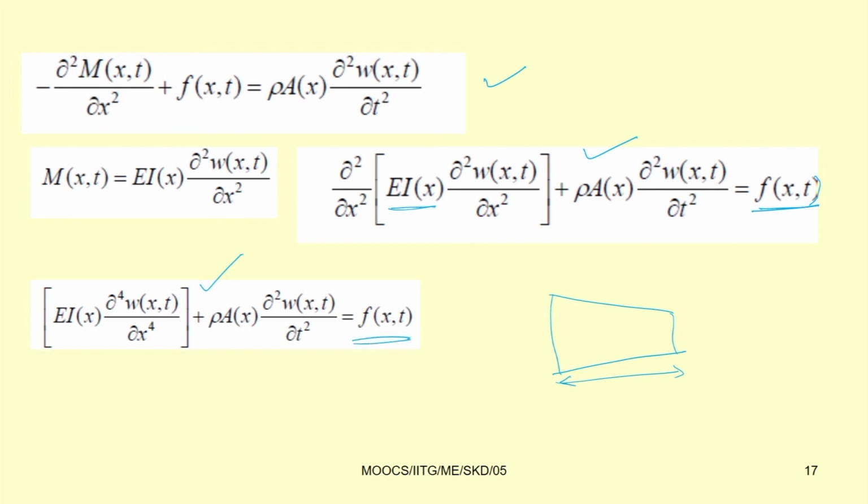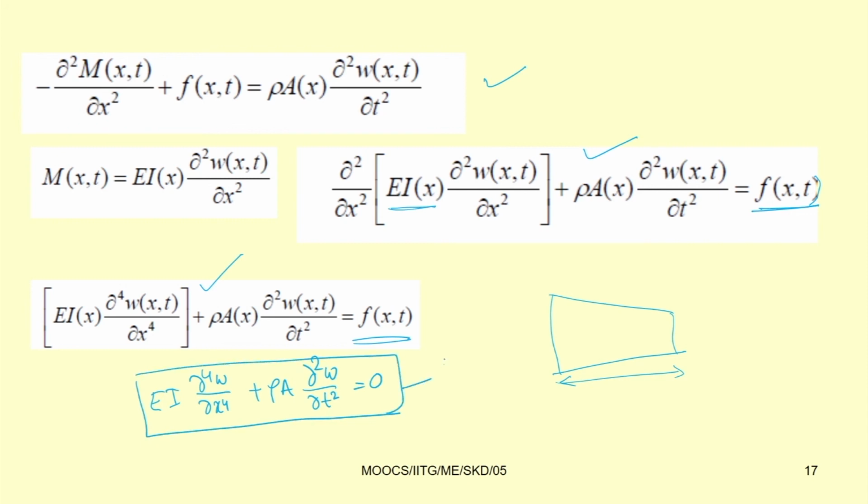In case of free vibration, as we have already written, ∂⁴W/∂x⁴ plus ρA ∂²W/∂t² equal to 0. So this is for the free vibration case, and the earlier one is for the forced vibration case.